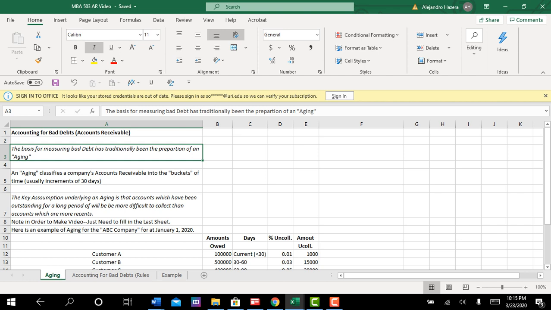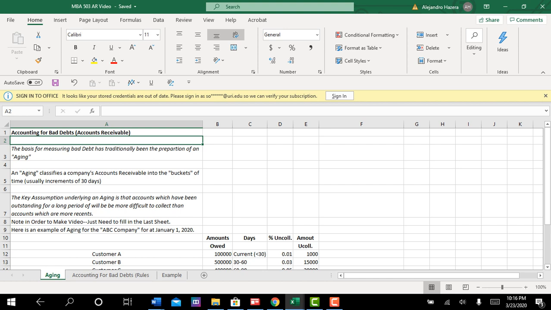Okay, now accounting for bad debts, we've said in class a lot of people have asked me, well, you sell many things on credit. What happens if people don't pay? Well, in accounting, we assume that people will pay their accounts receivable.